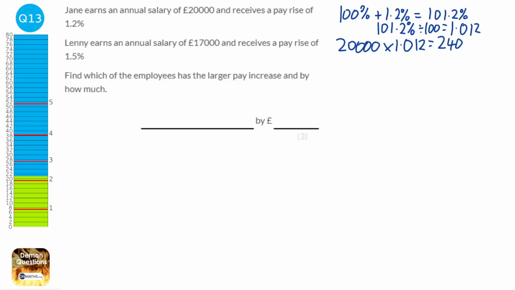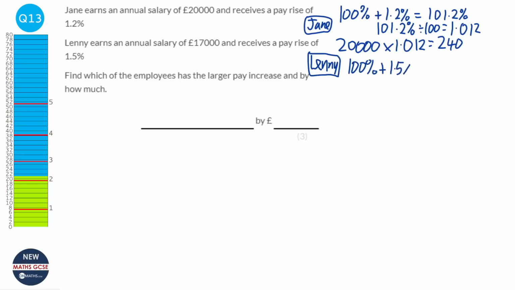Next we do the same for Lenny, so that was Jane. And so let's do Lenny. That's 100% plus the 1.5%, which will be 101.5%.